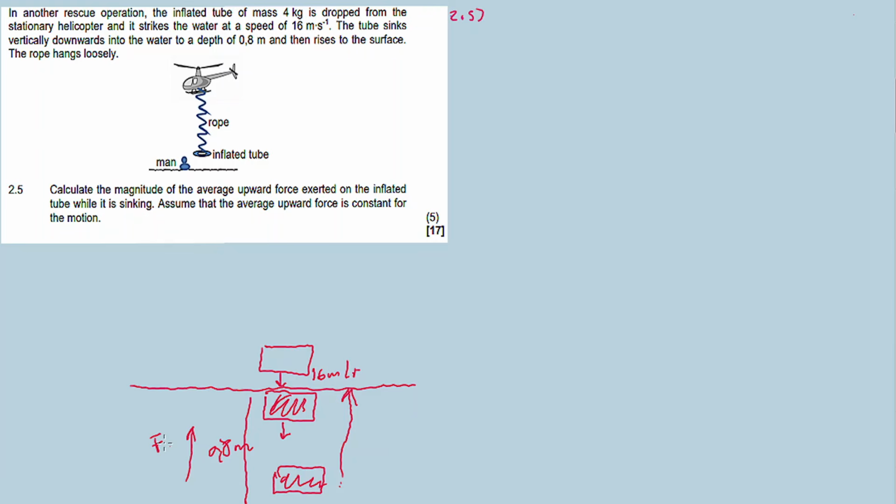So this is the force we want to calculate, but the tube is dropping due to its own weight, Fg. Therefore the sinking tube is dropping due to its own weight, Fg. Now look, this is going to be plus Fg minus F if I choose the downward direction as positive.